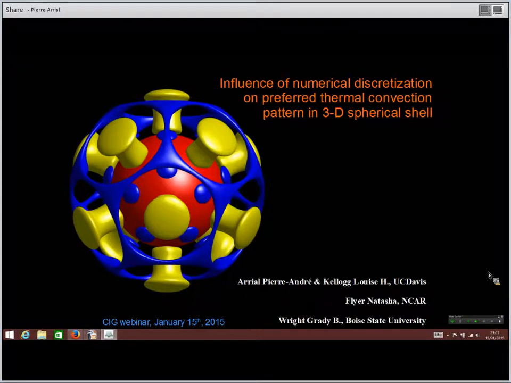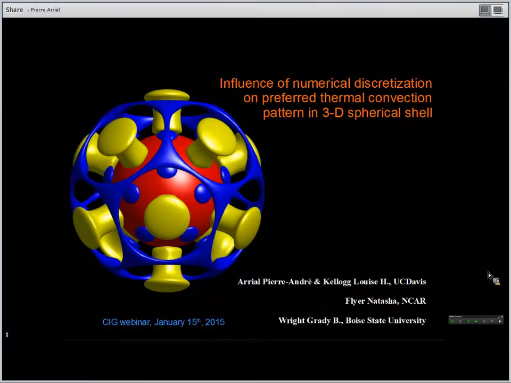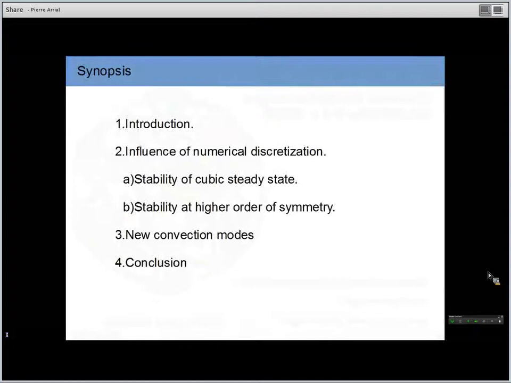I would like first to thank CIG for the opportunity to present the results of this work. I will briefly introduce the motivation of this work before showing you some results and some methods that we obtained for different test cases.